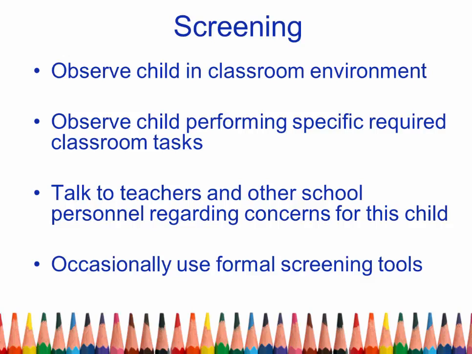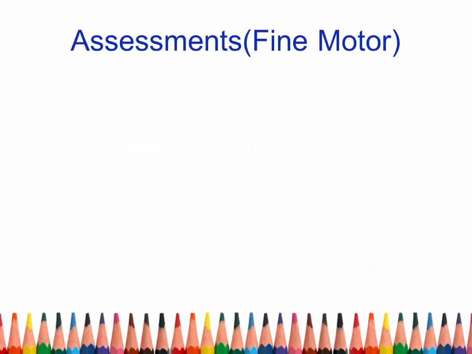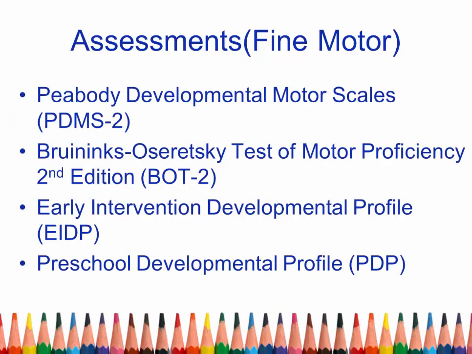And okay, so now I'm going to just give you some names of some specific tools. The first one is fine motor, and two very common and well-constructed assessment tools are the Peabody Developmental Motor Scales, or the PDMS, or the Bruininks-Oseretsky Test of Motor Proficiency, or the BOT-2.